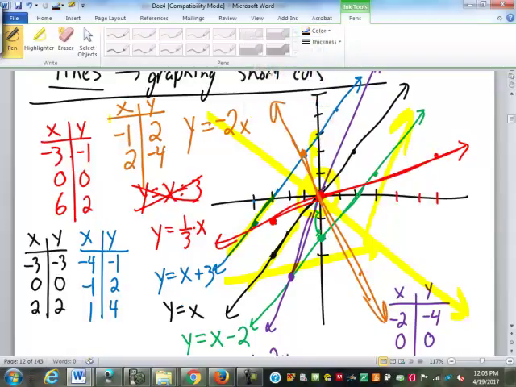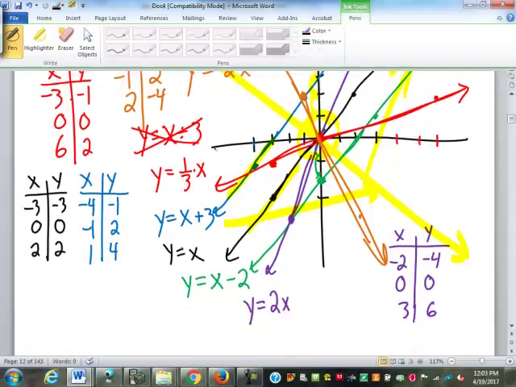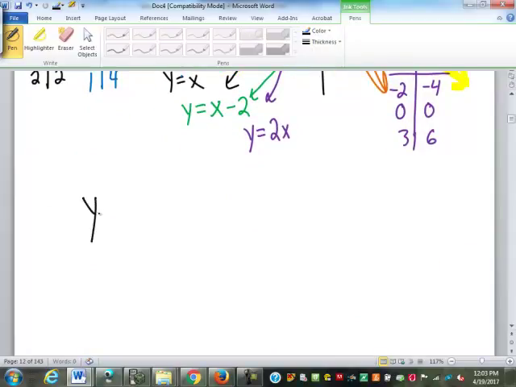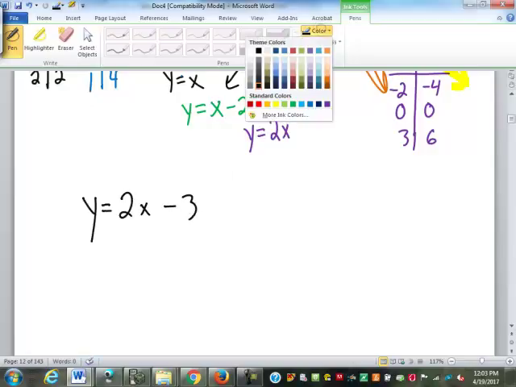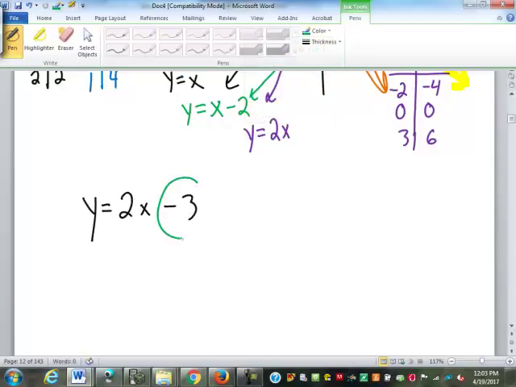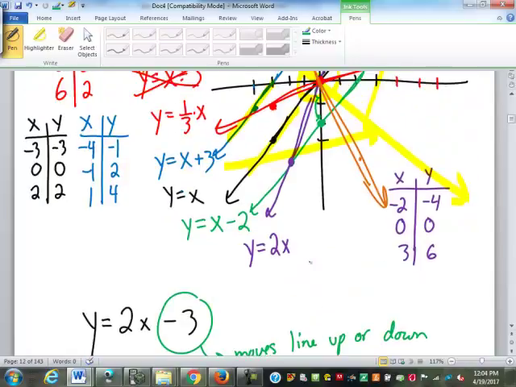So what we're seeing here is that there's only two things that we can do to that line. We can add or subtract. This moves the line up or down on that y-axis. It moves it up or down from the origin is really what it's doing.